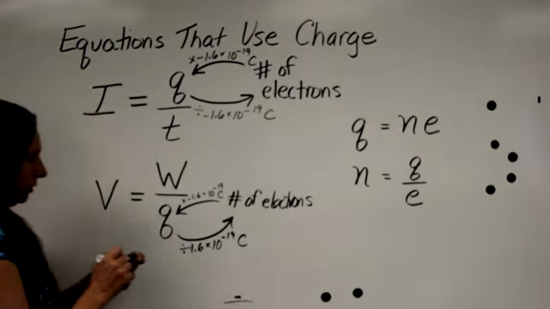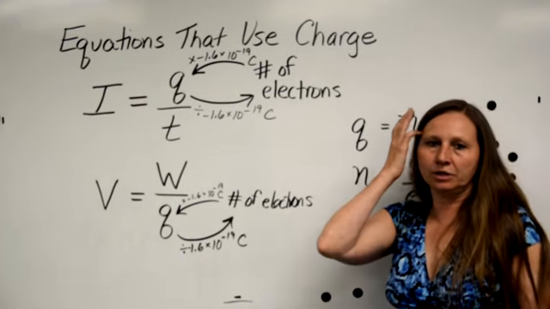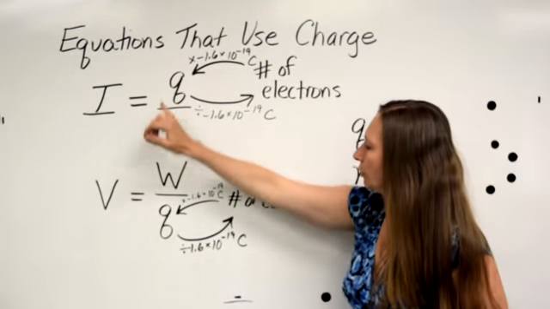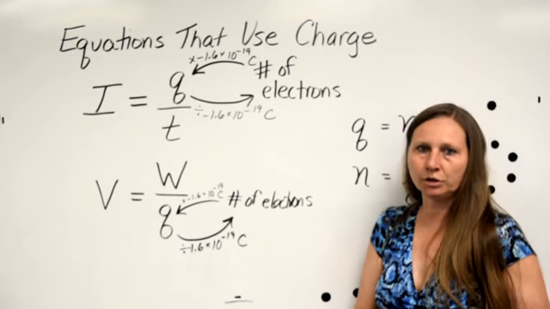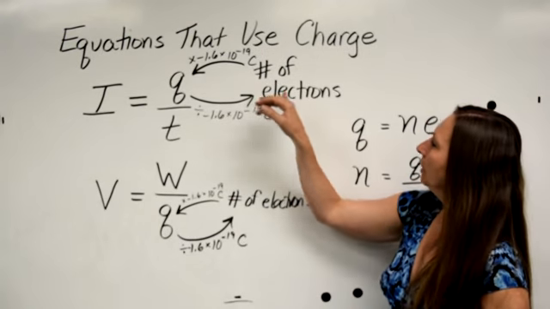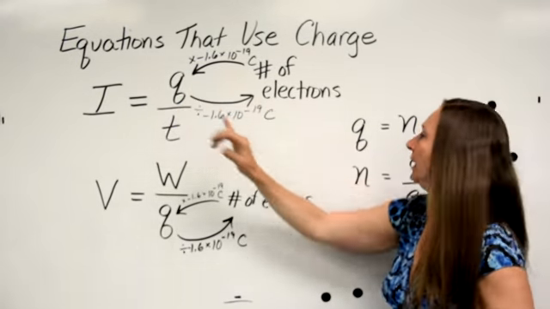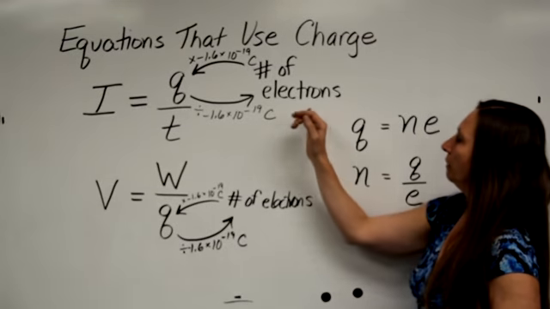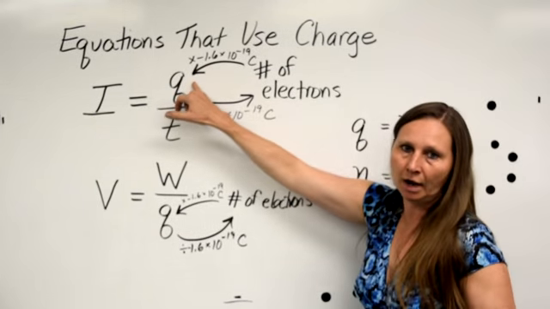So again, the reason we're doing this whole topic is because charge is going to come up in a lot of equations in the current electricity topic. If they give you the number of electrons instead of the charge, it's very, very simple to convert the number of electrons that you have to the charge that you have.